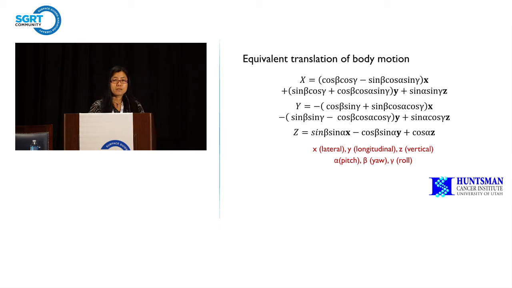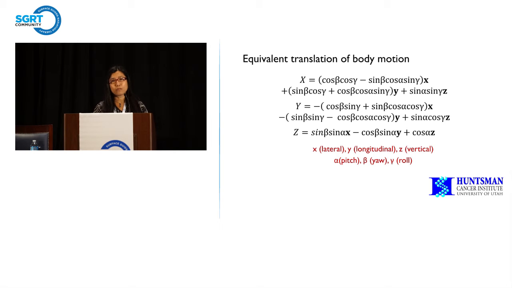AlignRT gave 6 degrees of freedom data. So we have the translations, lateral, longitudinal, vertical, and pitch, yaw, roll. For comparison purposes, we want to know the equivalent translation, so we can compare different positions.